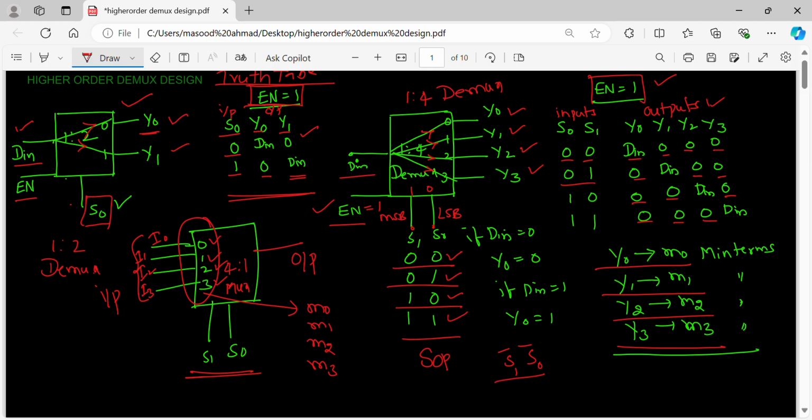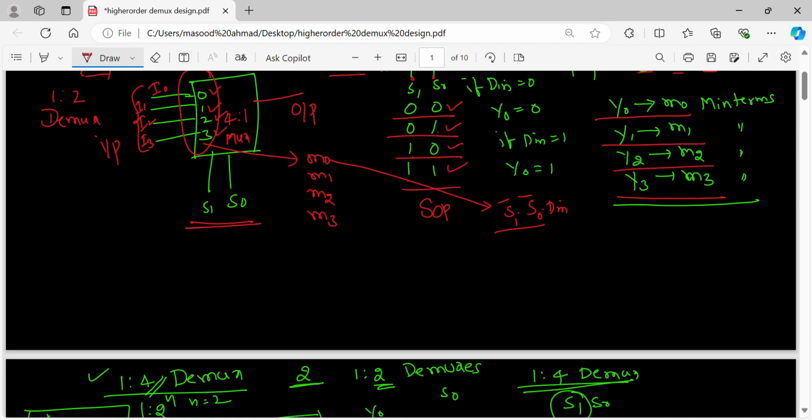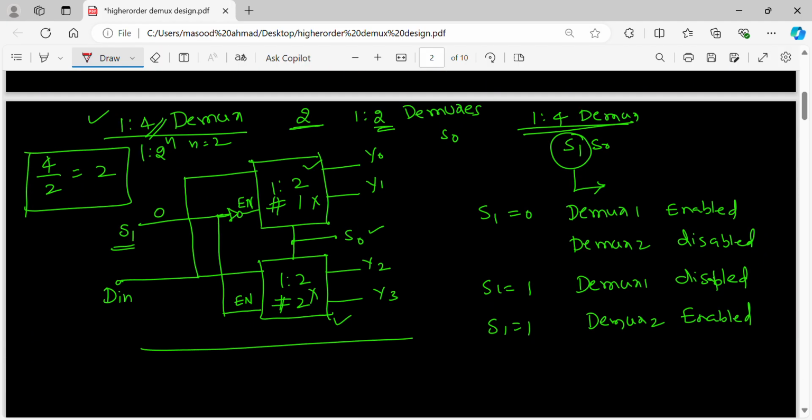This is the min term for M0, multiplied by D in, of course. It means ANDed; it's not multiplication, it is an AND operation. Similarly, if you want M1, it is S1 bar, S0, and so on for S0, S1. These are the min terms that we are going to get. These min terms are useful when you are solving a problem. Next, we will look at the real design.